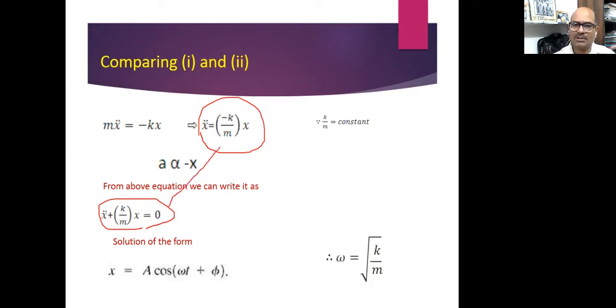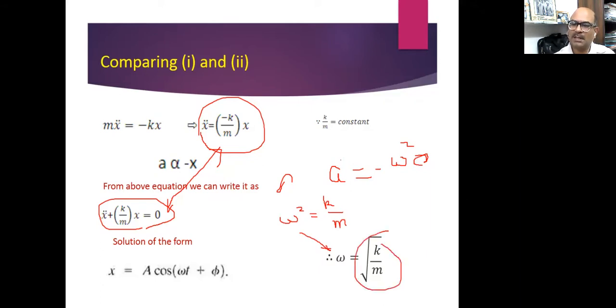From these two relations, and from a is equal to minus omega square x, we can find the solution for omega square as a by x.